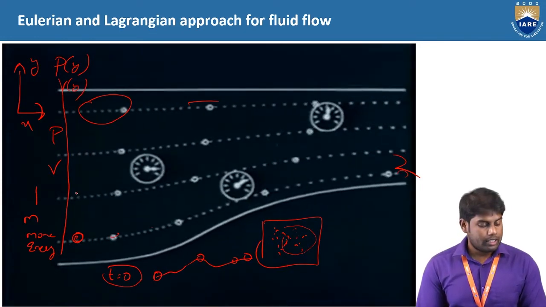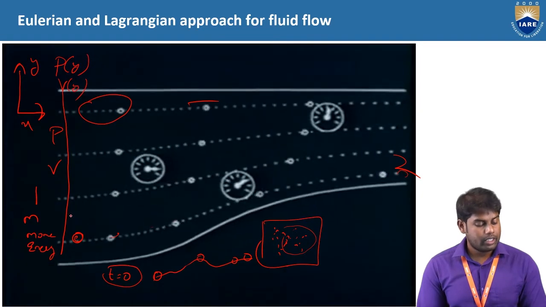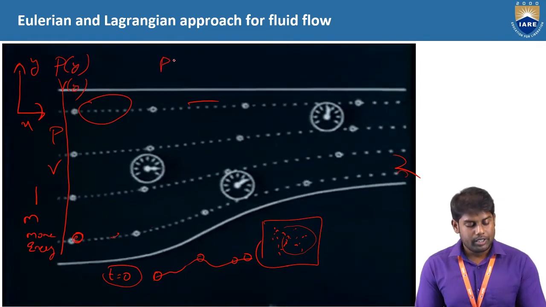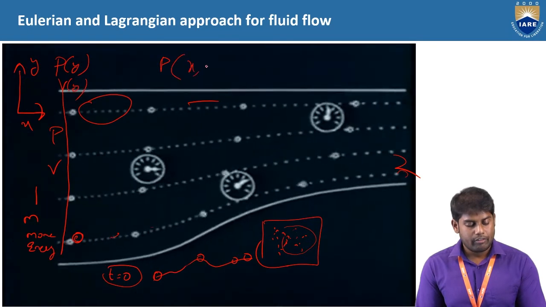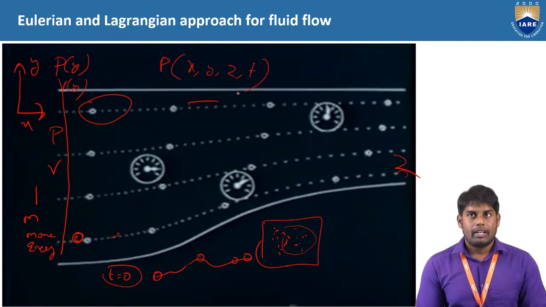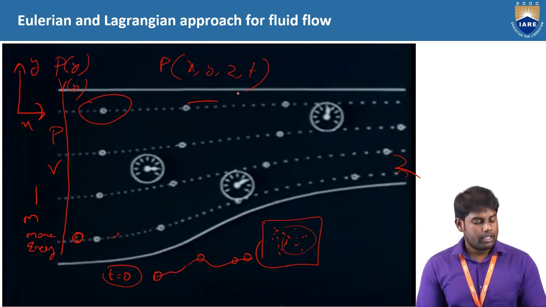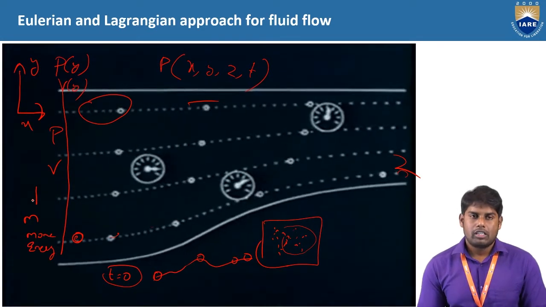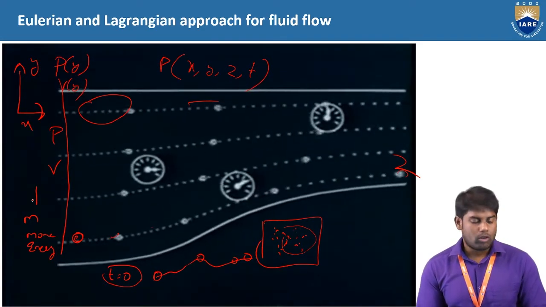Flow properties, let's say pressure, will depend on x, y, z and time. In the Lagrangian case, the initial time and coordinates are very important.